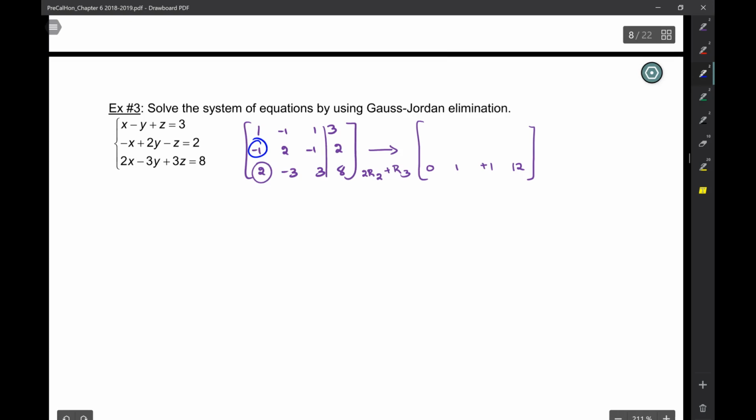How can I make this -1, 0? Add it to this. So now I'm going to do row 1 plus row 2. So basically I'm combining steps because if I could minimize the steps, why not? So add the 2 of them. Now I get 0, 1, 0, 5. And then the first one, I'm just going to leave it as is.